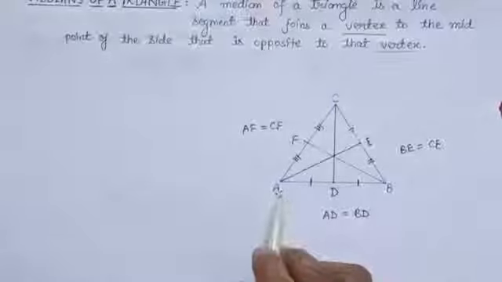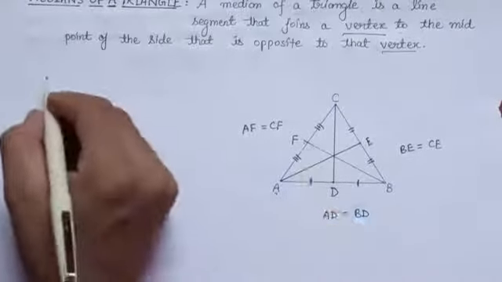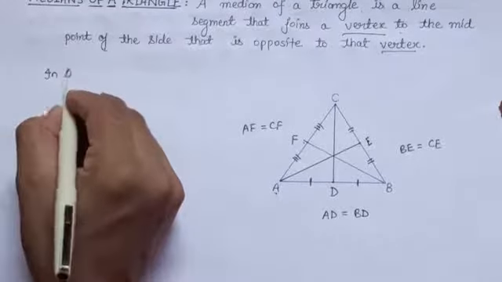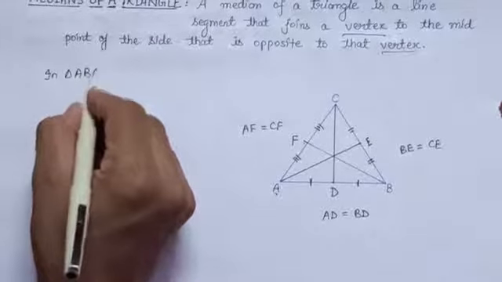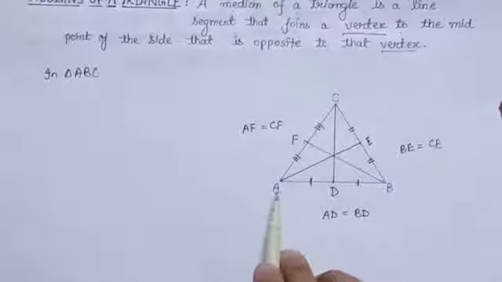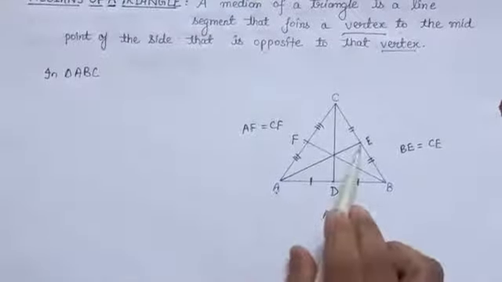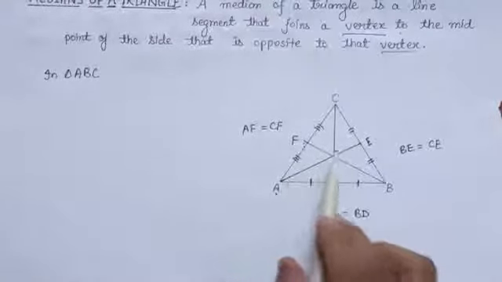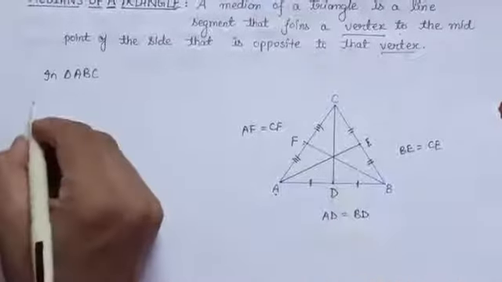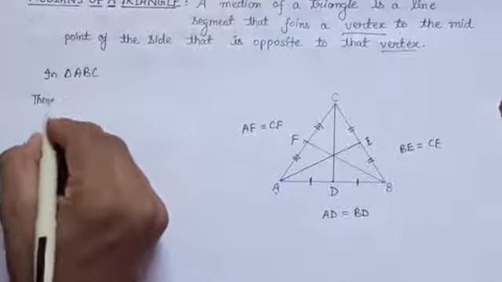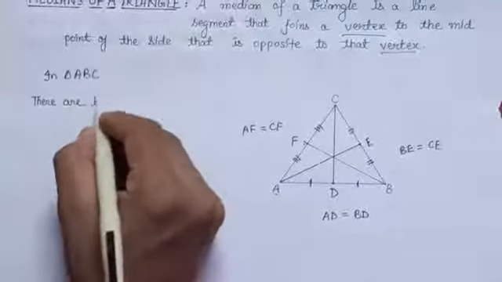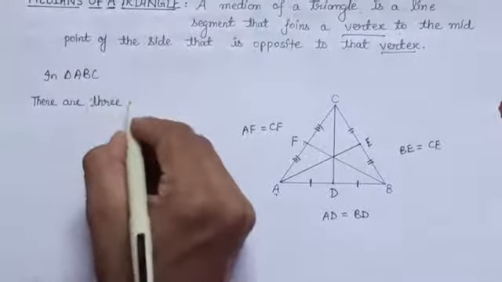Now students, in this triangle ABC, you can see that there are three medians AE, BF and CD.